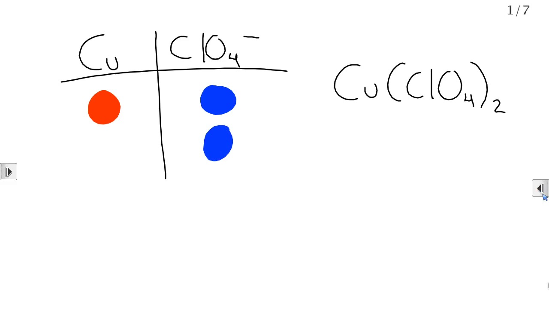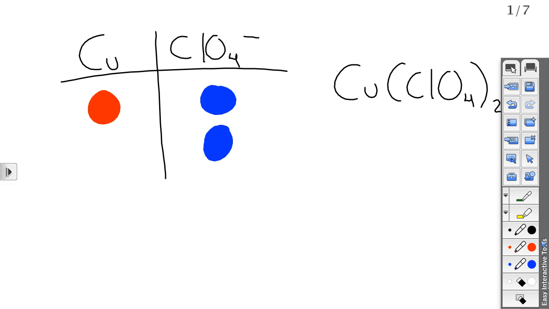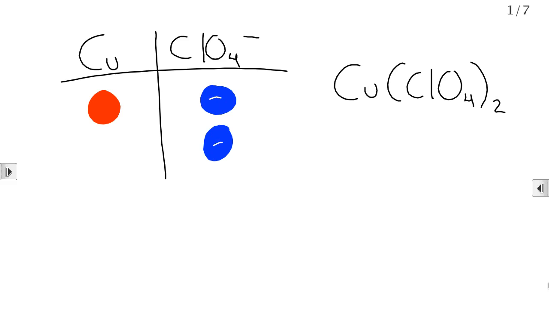All right. So, when I go to add the charge to this, what can I put in these 2 ions? So, what has to be the charge of that 1 copper? Oh, no, 2. Do you see how I figured that out? Yeah. So now when I go to name it, it's copper 2 perchlorate.